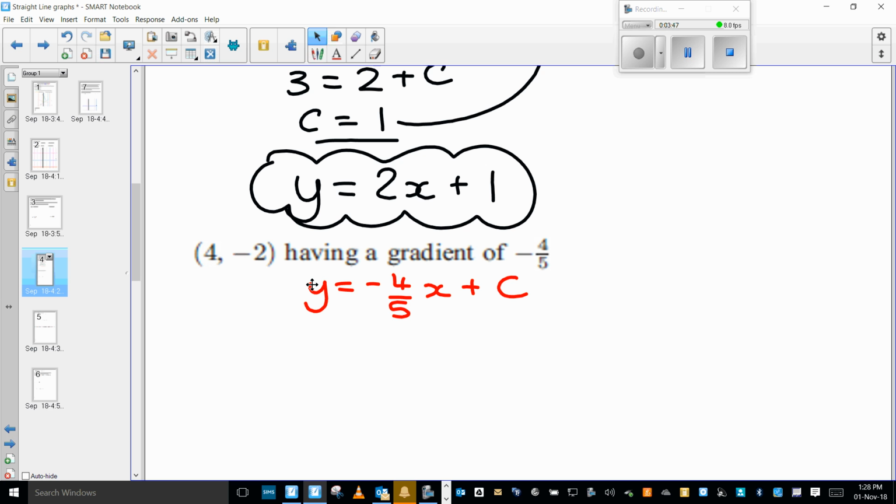I'm looking at my information here, I know it goes through this coordinate, 4, -2. Why do I start with -2? Perfect. So -2 equals -4/5.